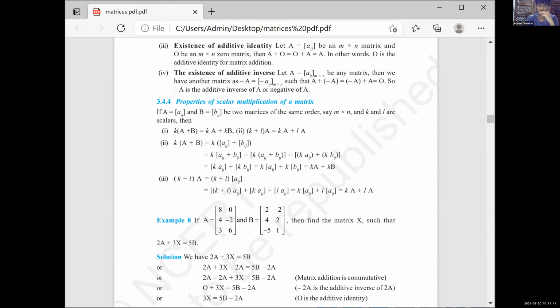So from this, what did you understand? Separately multiply k with each one. What is the law we have learned in our lower classes? What is k into A plus B? Is it associative?